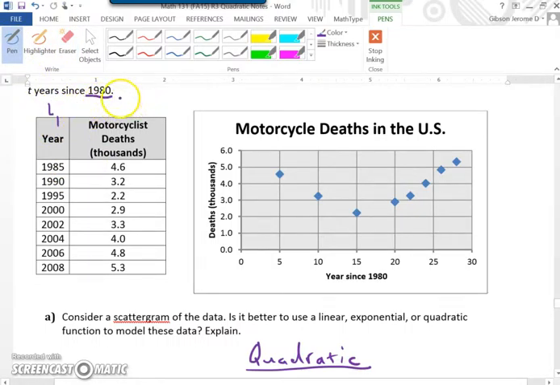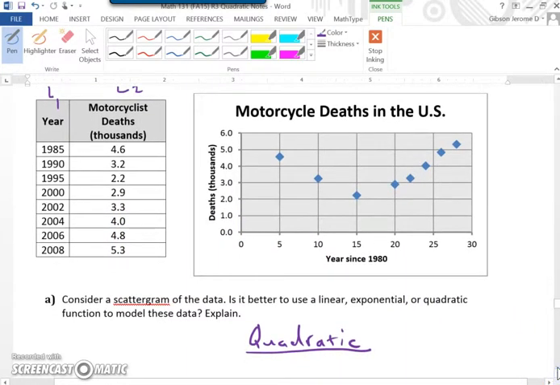So for L1 you will put 5, 10, 15, 20, 22, 24, 26, and 28. And then you would type in these values for your L2.